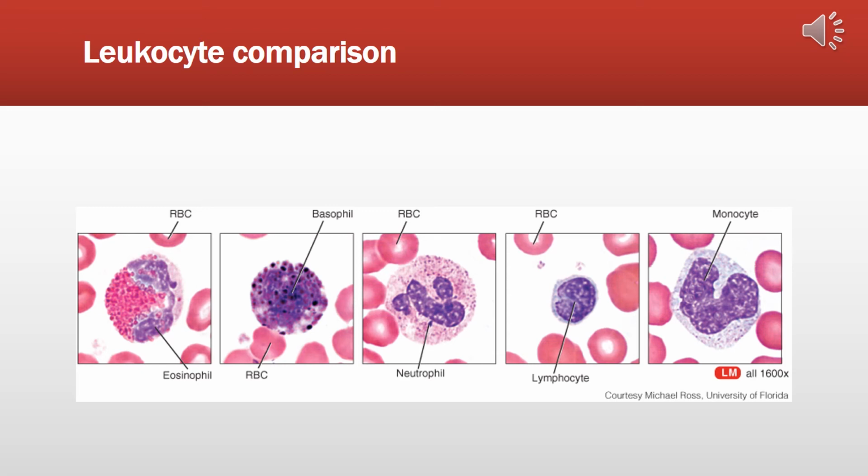And then we have the neutrophil in the middle. And then we have the lymphocyte, and as you can see, it's a small cell which has little cytoplasm and is mostly nucleus. And finally, we have the monocyte, which is a rather large cell over at right.